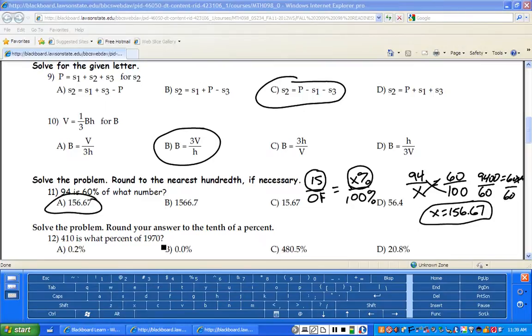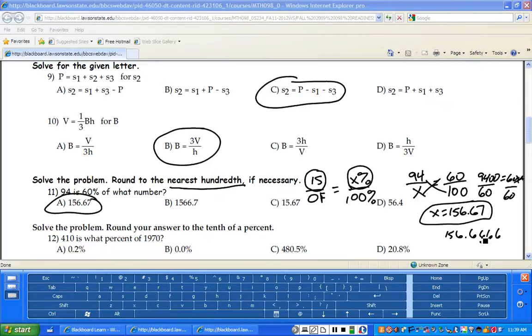Number 9, round the answer to the nearest tenth of a percent. Okay, rounding. And the reason why we said this was 156.67, going back to 11 right quick, rounding to the nearest hundredth, that's important. What we got was 156.666, and they kept going. They want to round to the hundredth. This 6 right here would be in what we consider the hundredths place.